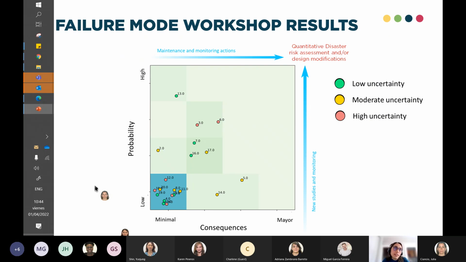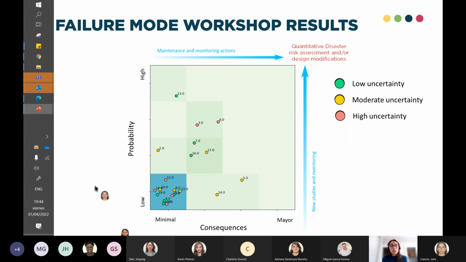And this is a really nice graph that we wanted to share with you, because these are the kind of results that we can have from a failure mode workshop. As you saw in the lectures, each failure mode is defined by three aspects: the probability, the consequences, and the uncertainty of each one.